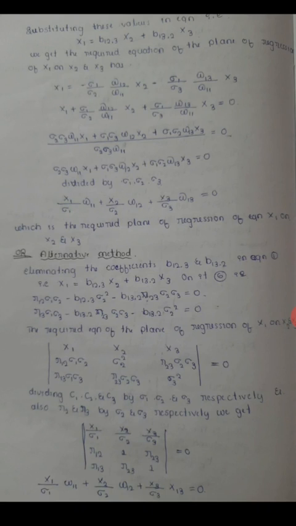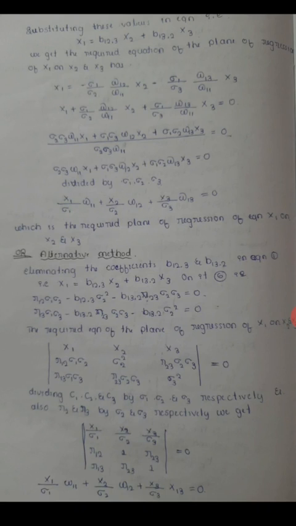The determinant: first row x1, x2, x3. Second row r12 sigma 1 sigma 2, sigma 2 square, r23 sigma 2 sigma 3. Third row r13 sigma 1 sigma 3, r23 sigma 2 sigma 3, sigma 3 square, equals 0.